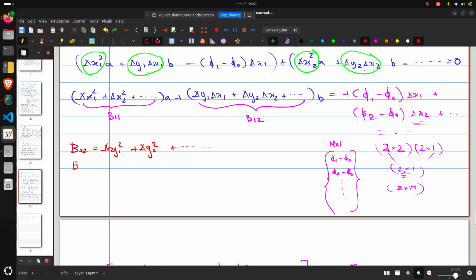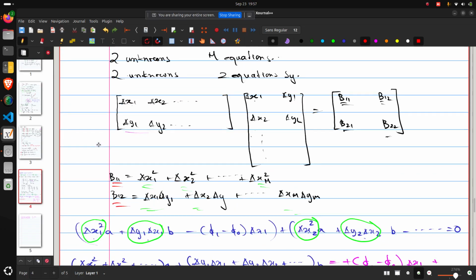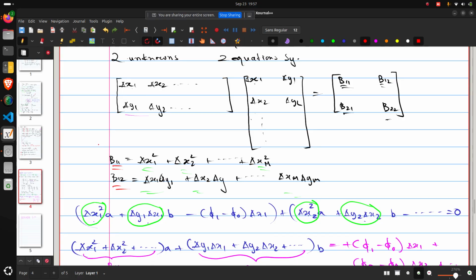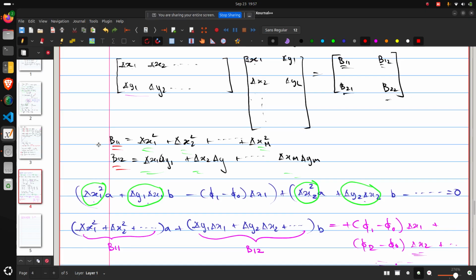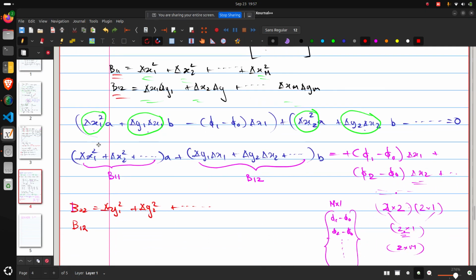And what about B12 or B21? This is the same thing, right, because this is a symmetric matrix.